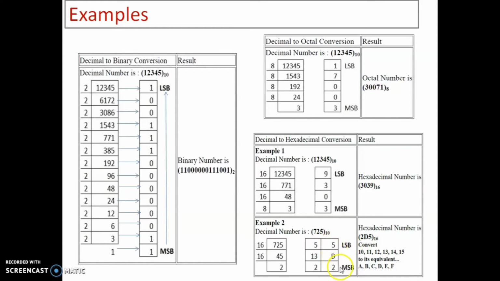LSB is 5 and MSB is 2. We have a number 13, which is actually a D in the hexadecimal number system. So this 13 is represented as a D. Write the numbers from MSB to LSB, that is 2D5. So the hexadecimal equivalent of 725 is 2D5.